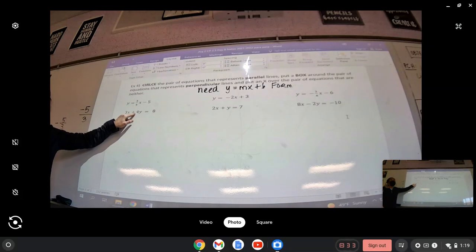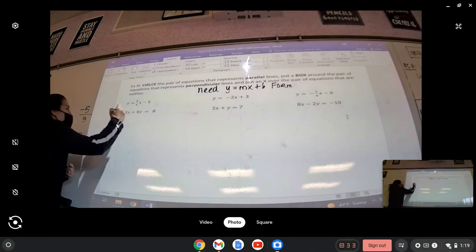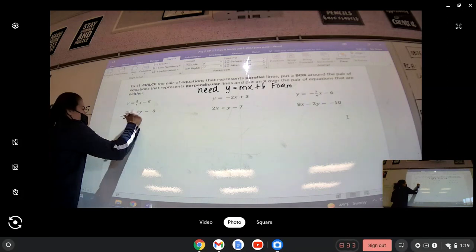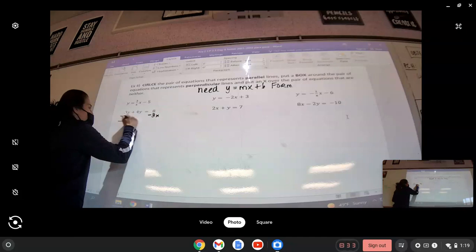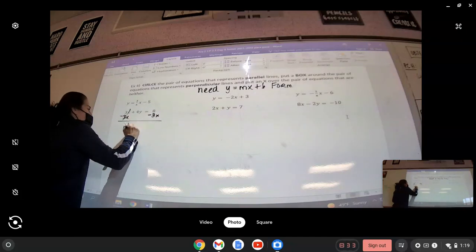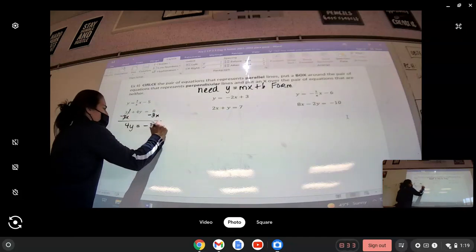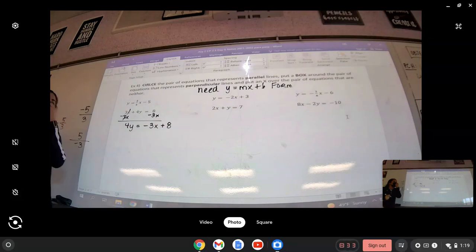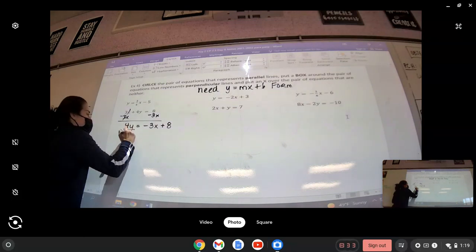So, guys, if I want to know his slope, I got to solve it for y. So what are we going to do first? Subtract 3x, get it out of there. I'm going to get positive 4y equals negative 3x plus 8. The only thing we got left to do is divide by 4.